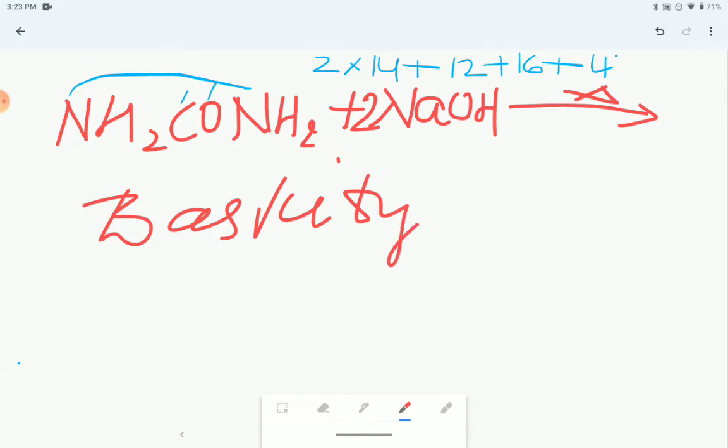Basicity is nothing but the number of H plus ions that can be released from a compound, the dissociable H plus ions.